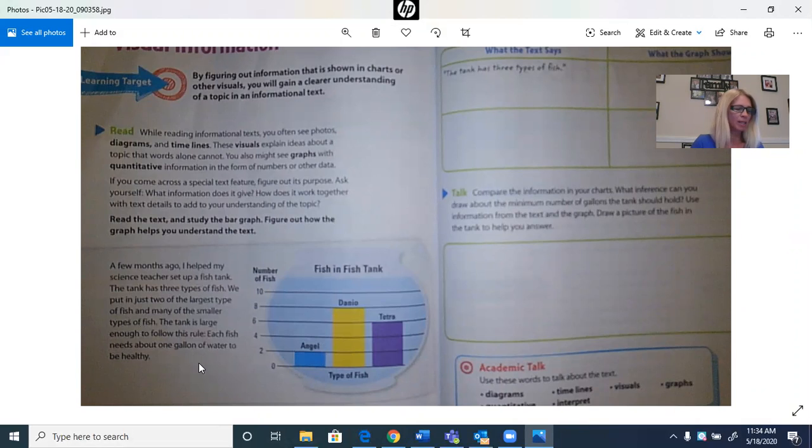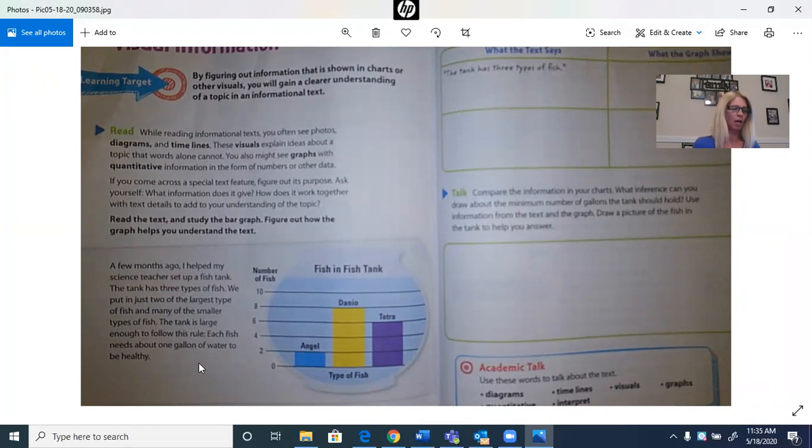So like I said, our genre is a science text, and science texts explain or explore scientific topics. So it could be natural events, it could be how certain processes work, or it could be scientific discoveries. Anything that has to do with science would be a scientific text. And they often include photographs, diagrams, charts, graphs, or maybe even a timeline.